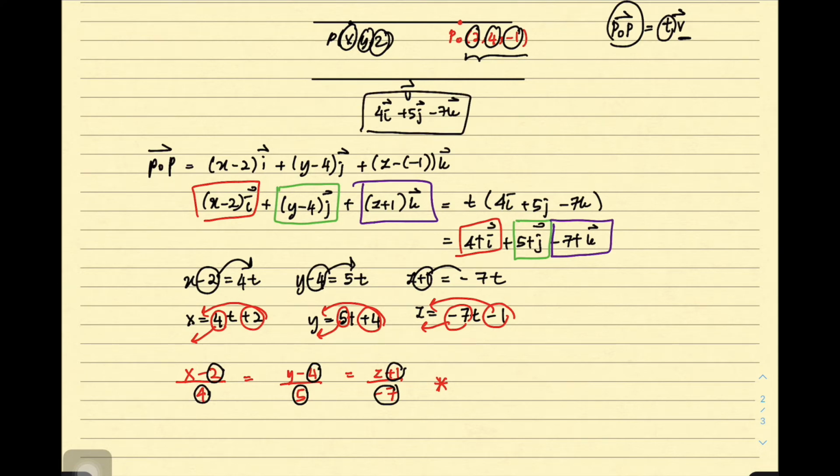Okay, so sebenarnya without doing the parametric equation, you dah boleh tulis dah Cartesian form, because you know that Cartesian form is x minus a over b. A ini adalah point on plane which is 2, B ini adalah vector parallel to the plane which is 4.